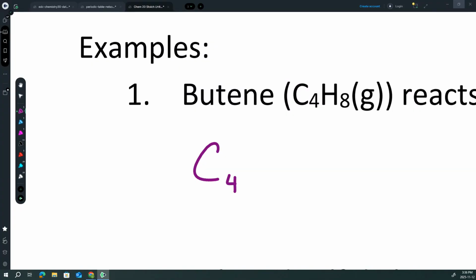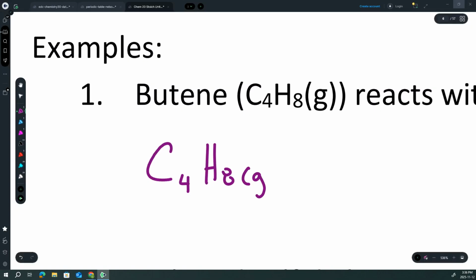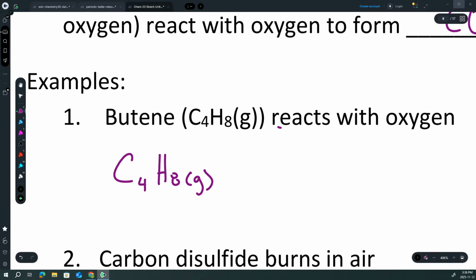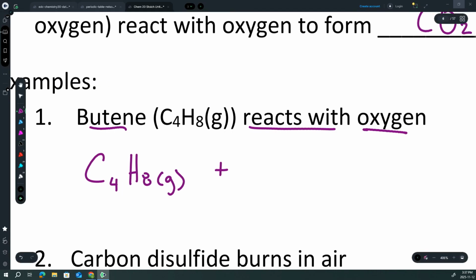C4H8. The question specifies that it's in the gas state, reacts with, you can translate that to a plus sign, and it's also telling you that butene as well as oxygen are your reactants. Remember, oxygen is one of our diatomic elements, so when it's by itself, there's always two of them.